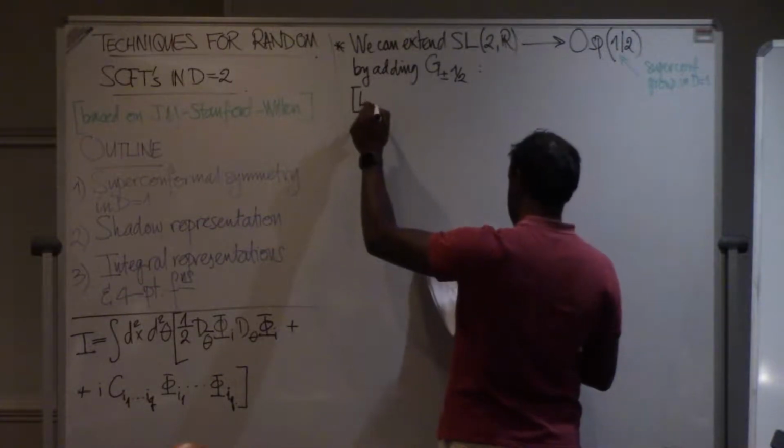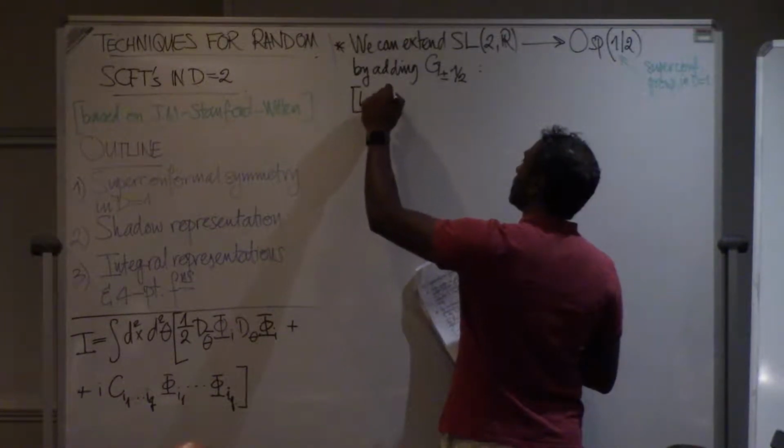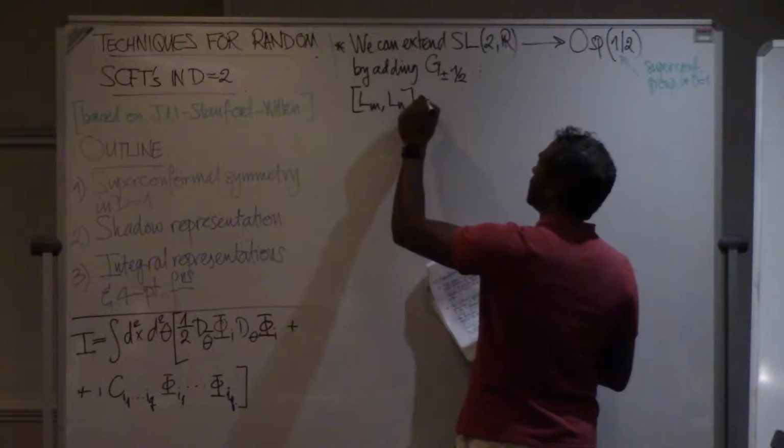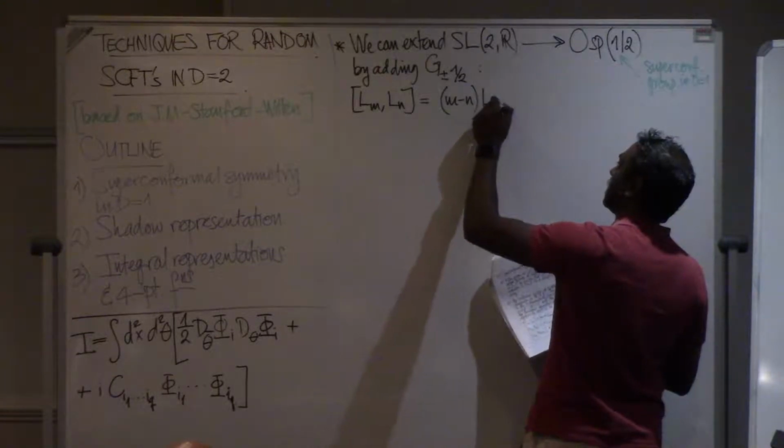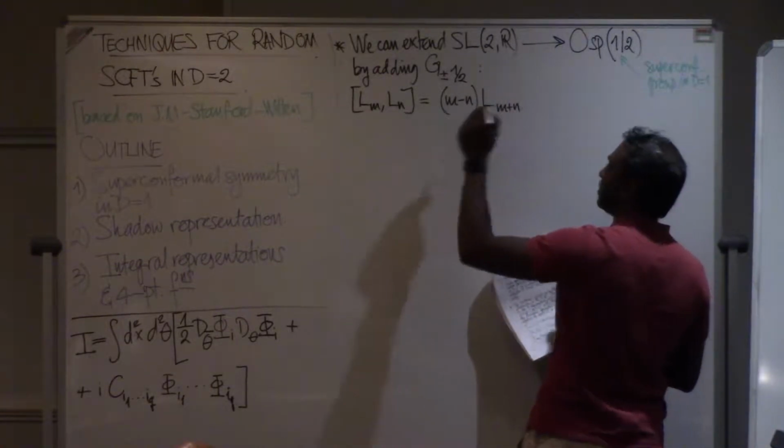Commutator of Lm with Ln is m minus n Lm plus n.